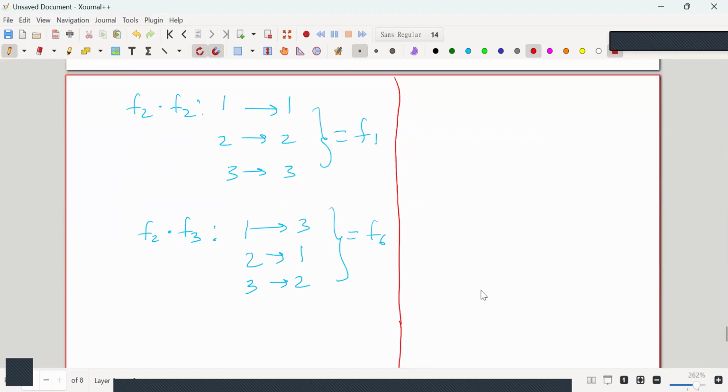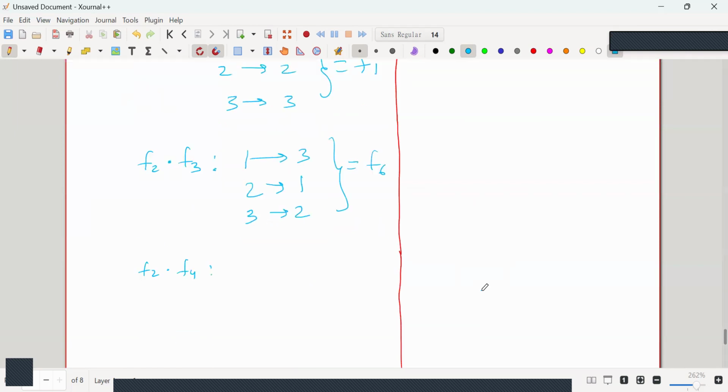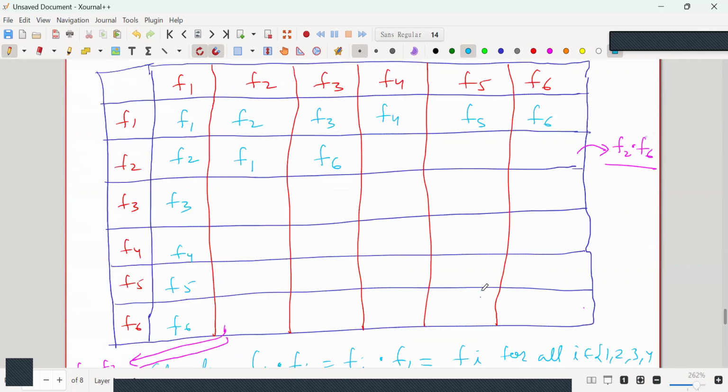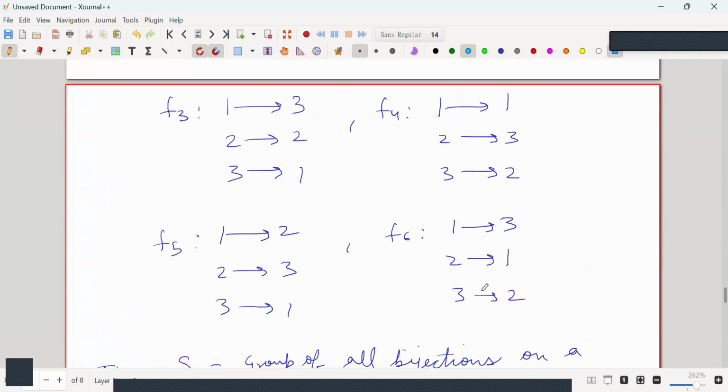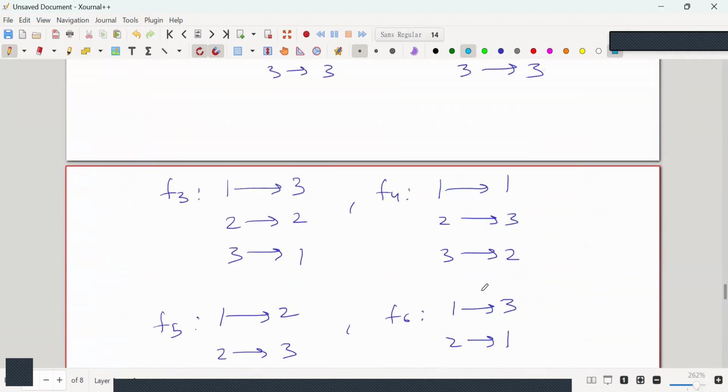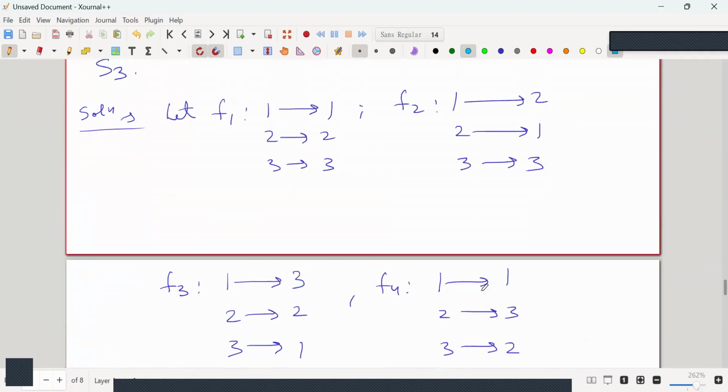So where will F2 compose F4 map the element? F4 is sending 1 to 1 and then F2 is sending 1 to 2.